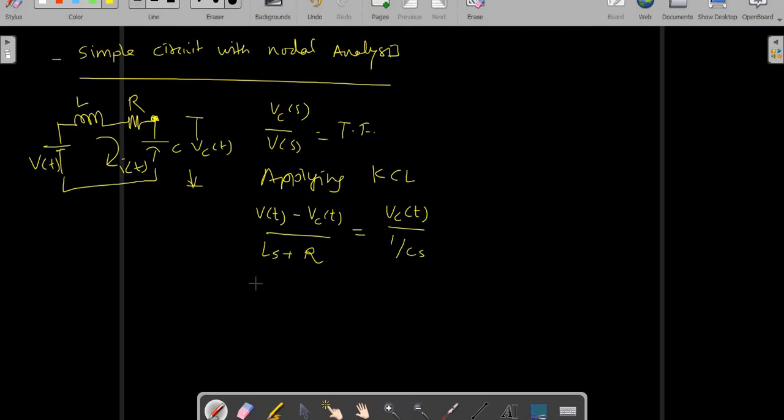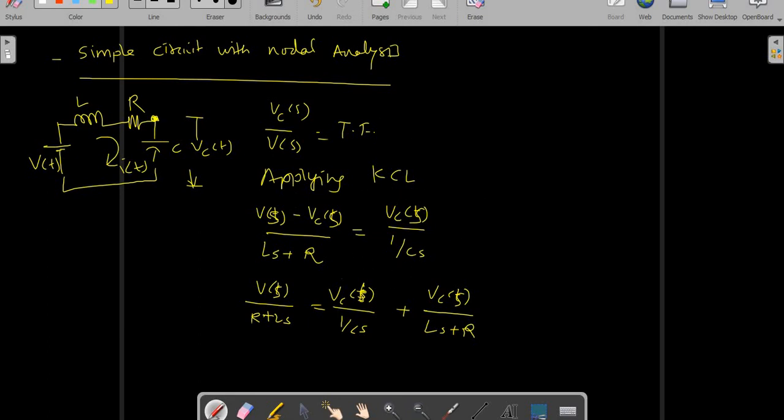So finally V/(R + Ls) = Vc·Cs + Vc/(Ls + R). I'm sorry, I should write V(s) here, not V(t), because we are already writing in the Laplace domain.